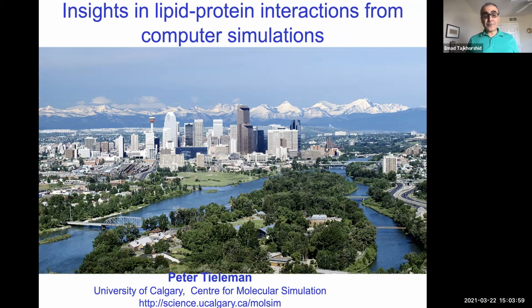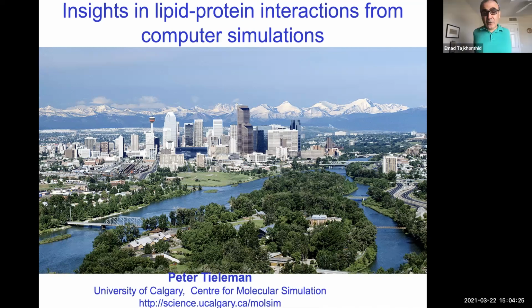And then after that, he received a fellowship from EMBO, during which he worked with Mark Sansom at Oxford. And then immediately after that, he joined the faculty at University of Calgary in 2000, where he is currently a full professor and the Canada Research Chair in molecular simulation at the Department of Biological Sciences.